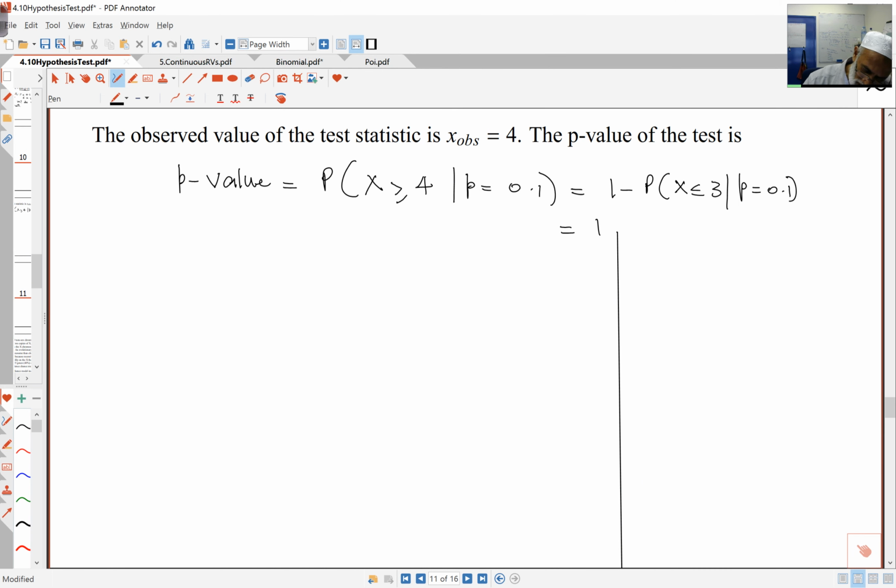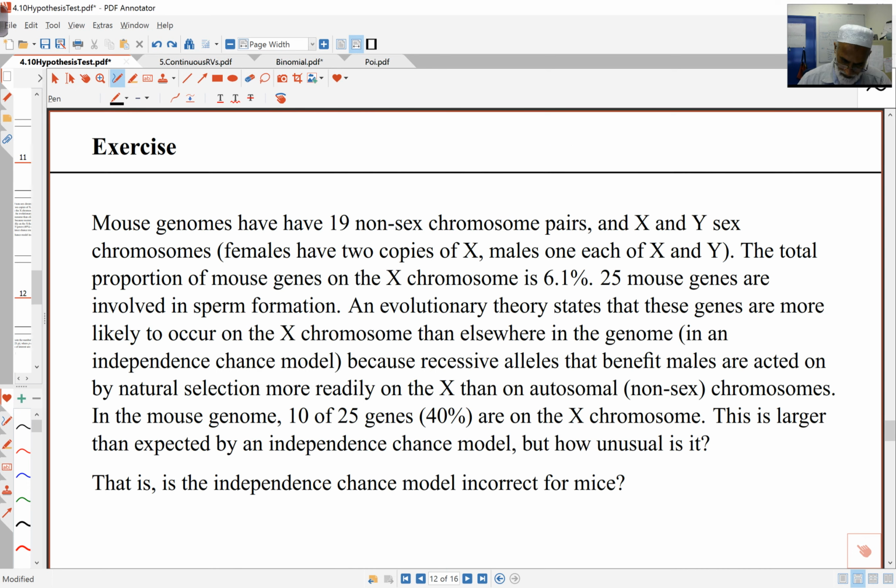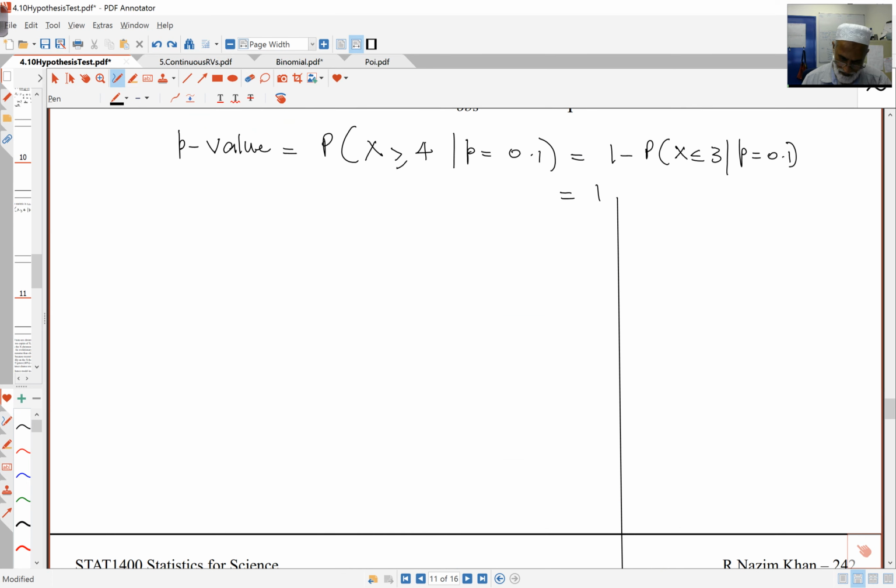So it's 1 minus that, which will be 0.1330, which is bigger than my significance level of 0.05.